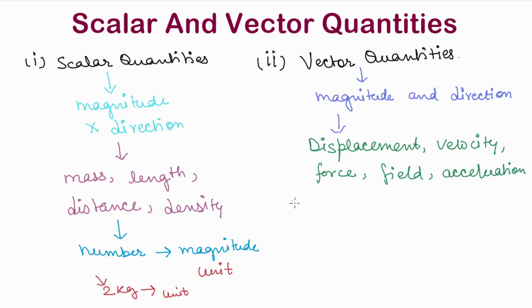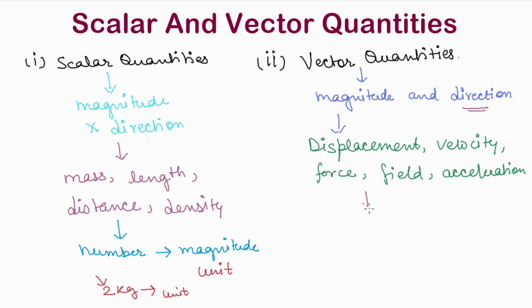It must be noted that we cannot add, subtract or perform any such arithmetic operation on vector quantities like scalar quantities. This is because in addition to magnitude, vectors also have direction. So while performing operation on vectors, we have to consider both magnitude and direction of the vector quantities.